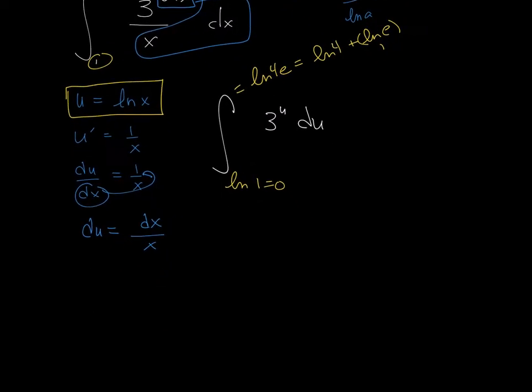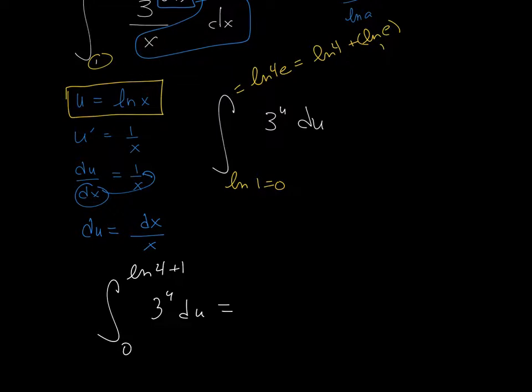So let's go ahead and rewrite this. So I have the integral of the natural log of 4 plus 1 and down here that is going to be 0 of 3 to the u du.